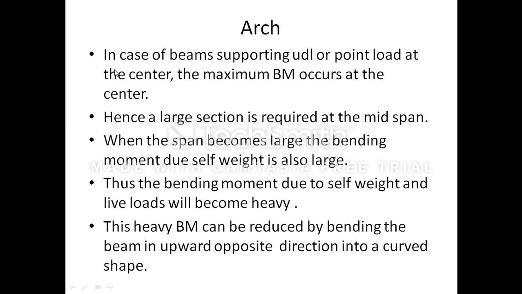I repeat once again. In case of a beam supporting UDL or a point load at the center, the maximum bending moment occurs at the center. Hence, a large cross section is required at the midspan. When the span becomes large, the bending moment due to self weight is also large, the same thing which I have discussed in the diagram. Thus the bending moment due to self weight and live loads will become heavy.